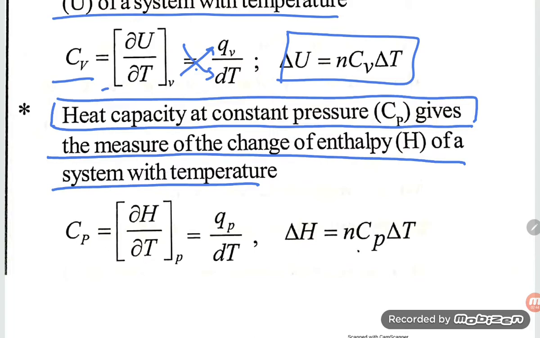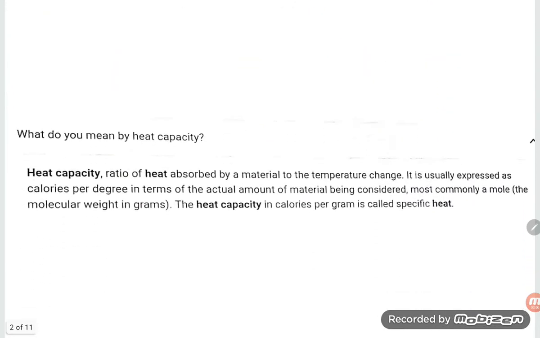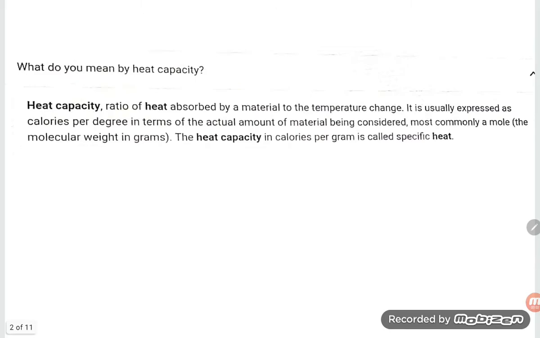So Cp is equal to dH by dT at constant pressure, that is Qp upon dT, and simplifying this, delta H is equal to n Cp dT. Okay, now let us move on to the probable questions, students.